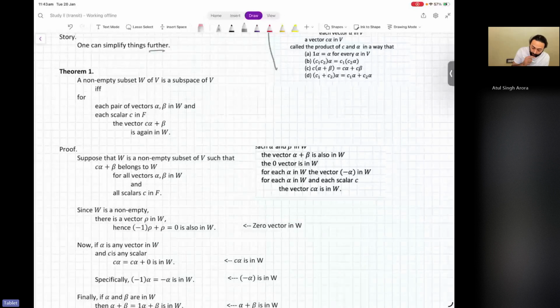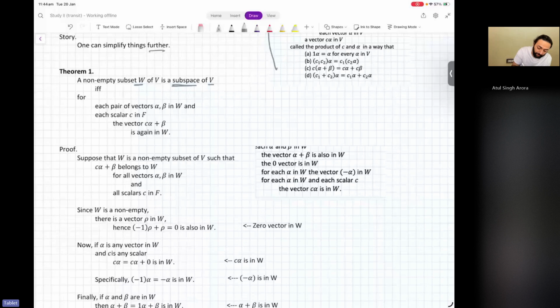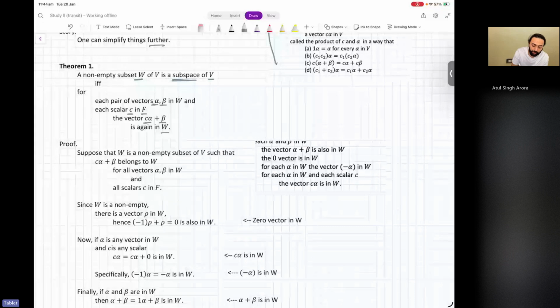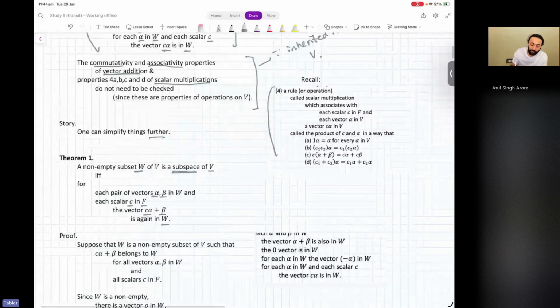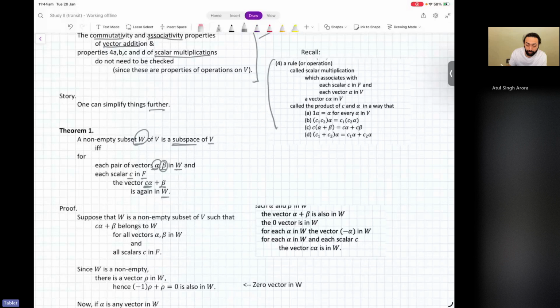What we're going to do now is give another definition, essentially, of a subspace of V. Consider a non-empty subset W of V. We show that it is a subspace of V if and only if the following condition is true: for each pair of vectors alpha and beta in W and each scalar C in the field F, the vector C times alpha plus beta is again in W. So instead of checking that those conditions are explicitly satisfied, it suffices to check this condition: you pick any two vectors in the subset, scale the first vector by C, add it to the next vector, and ensure that this vector is in W. If you can do this, it is essentially the same as saying that the subset W is a subspace, right? Okay, so let's continue.